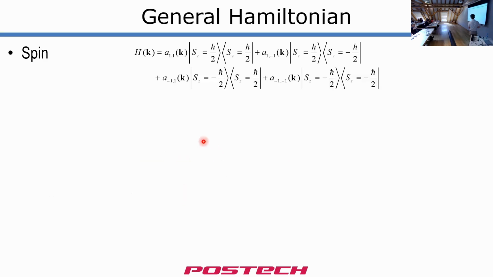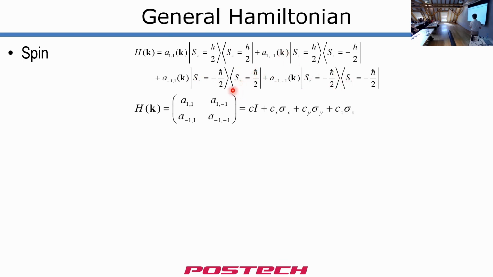Another difference between spin and orbital angular momentum. Suppose spin is the only relevant degree of freedom, along with crystal momentum. The most general Hamiltonian may be written like this: an initial spin up state stays spin up, or flips to spin down, or the other way around.